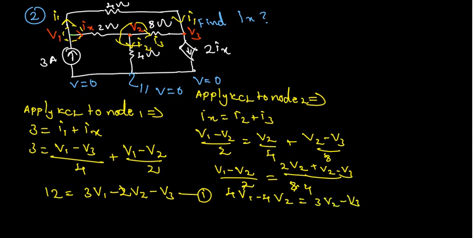When we solve this, 4V1 minus 7V2 plus V3 is equal to 0. That's the second equation. And we need to get the third equation.